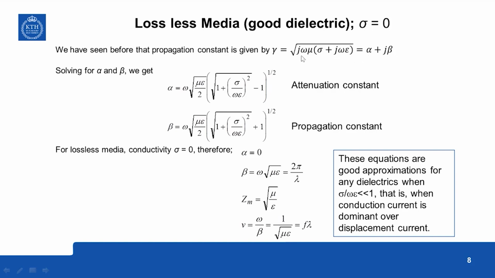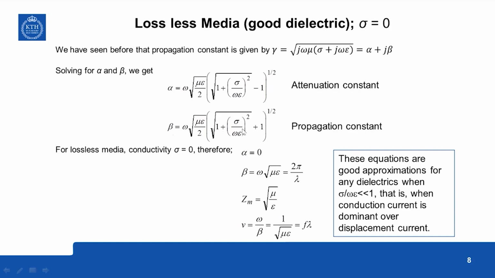From this equation, we can solve for alpha and beta. You can remove this square root by squaring both sides, then comparing all the real terms with the imaginary terms. You will get for alpha this particular expression, that is the attenuation constant, and for beta you will get this expression, that is the phase constant. You can try it at home and see that this is correct.